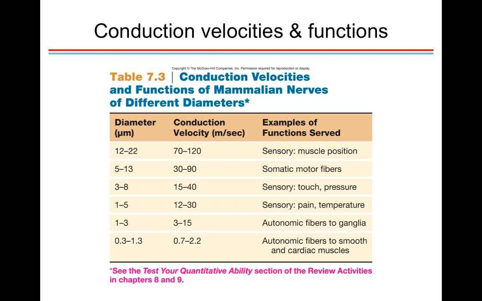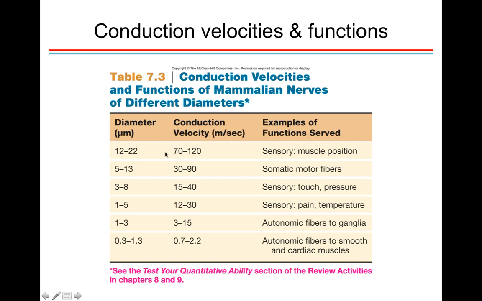For this table, what I want you to take from this is, if you look at the diameter of a nerve, the thin nerves tend to have very slow velocity of conduction, okay? And very high diameter nerves have a very high velocity of conduction.